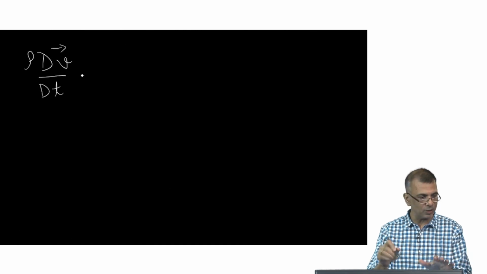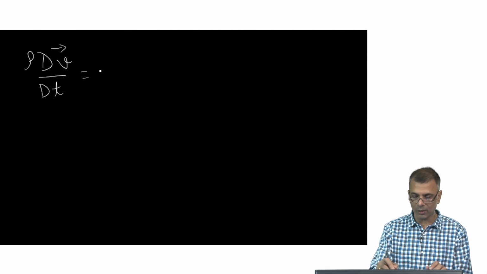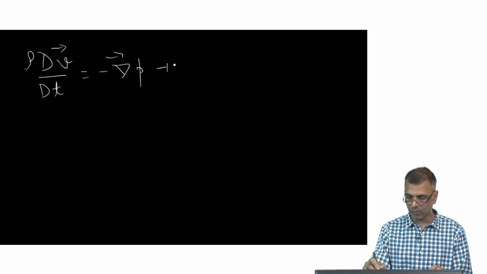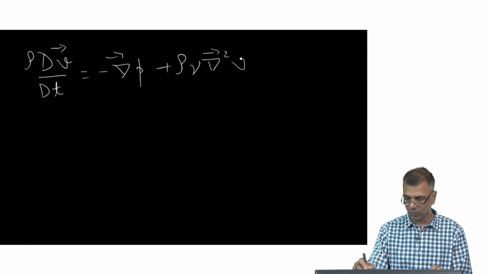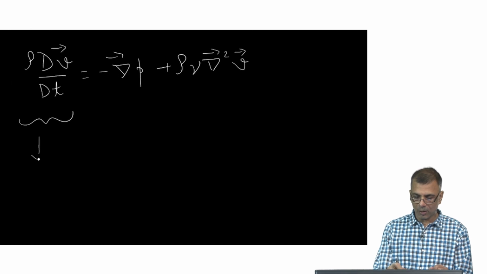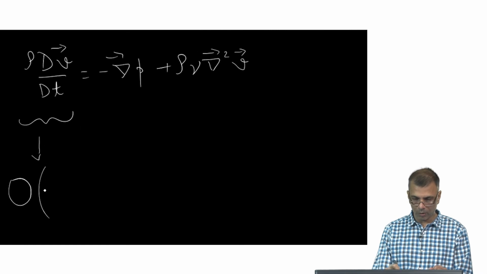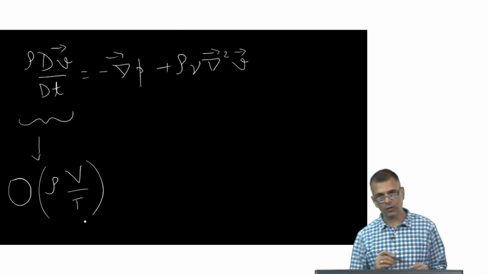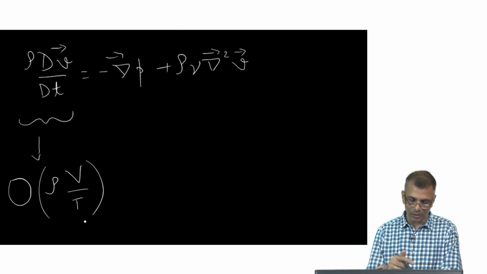It's important to have this on the same slide as what we are writing down. Now, I claim that this term is of order rho v over t. This is essentially dimensional analysis.